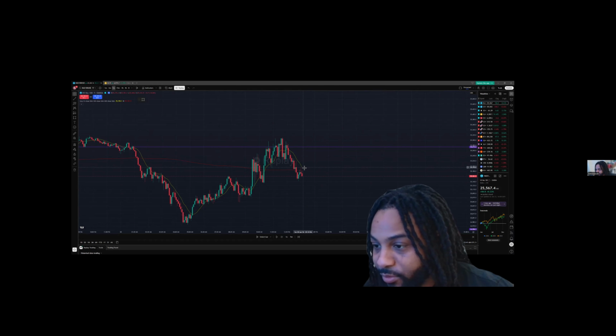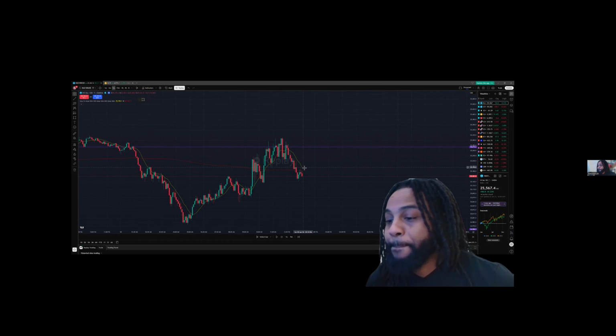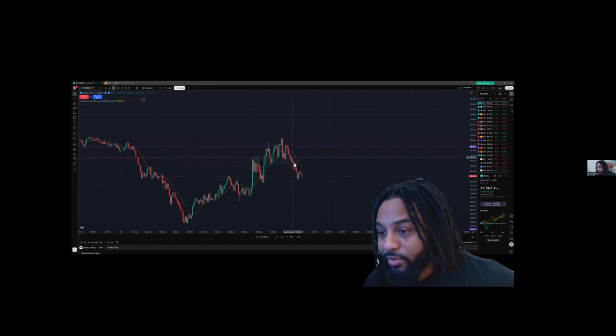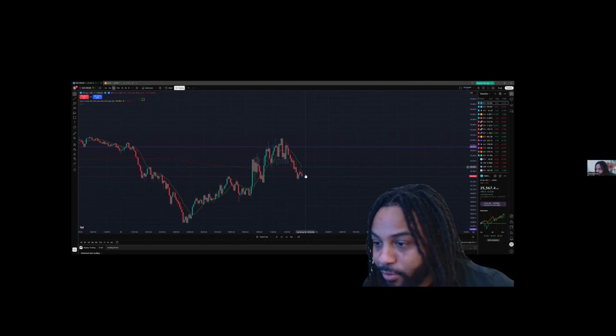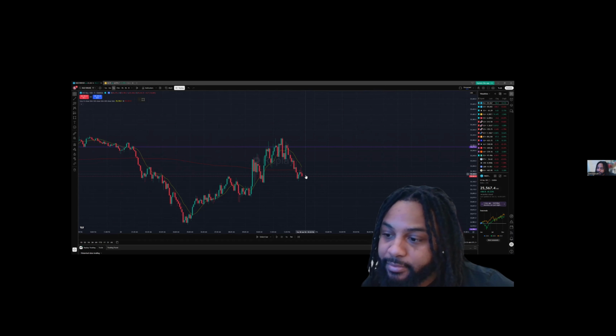This might seem risky, high risk, but to me, because it did all this after touching this 15-minute demand zone here and immediately going the other way, I'm going for a 1-to-1 right here. Probably put it above this zone.